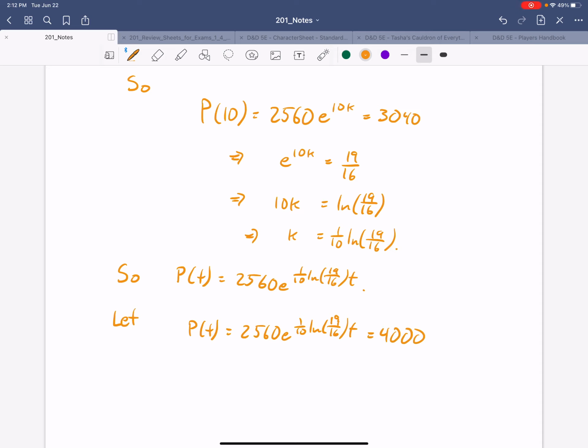Divide that by 256, and it's worth asking whether 16 goes into that nicely. Let's just see, right? This will imply that e to the 1/10 ln of 19/16 t equals, let's see, 400 over 256. Does 16 go in nicely? This goes in twice. A 5. 250? Yeah, that seems about right.